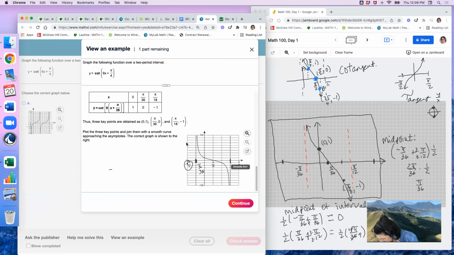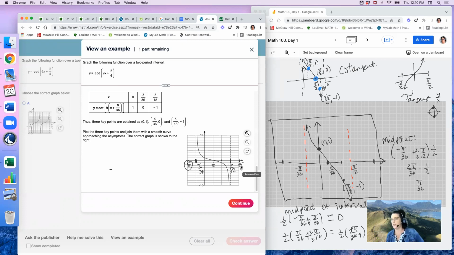This is pi over 12, but then if we add there, I don't know why they do this. They split the interval even further. So this is pi over 9. They split that in half, even another, so they went to pi over 9.